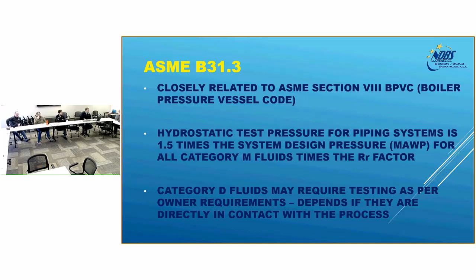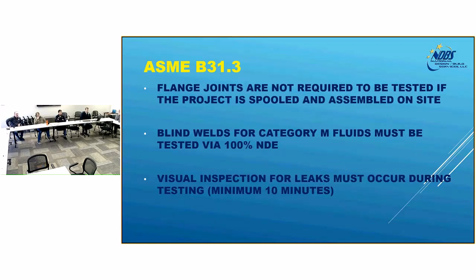So you have to kind of drill into it on a system by system basis and application by application basis with the owner and with the engineer to fully understand what your requirements are out in the field. B31.3 tells us that flange joints are not required to be tested if the job is spooled and assembled on site, which is nice.